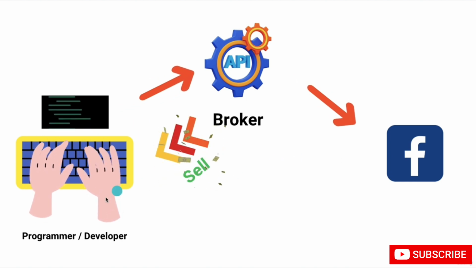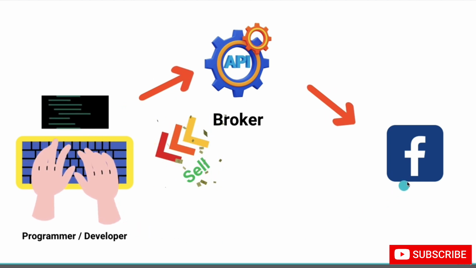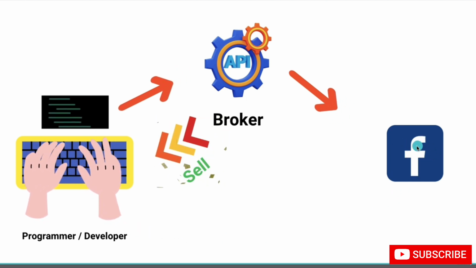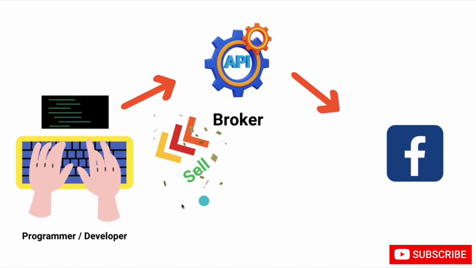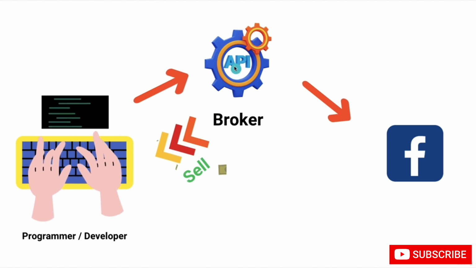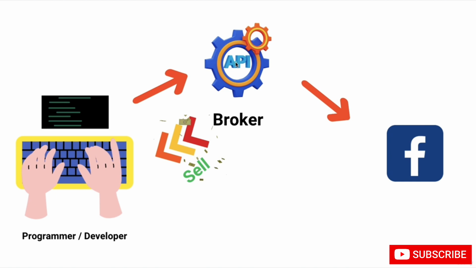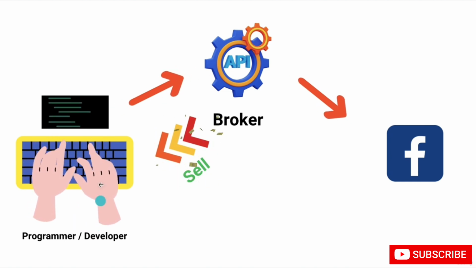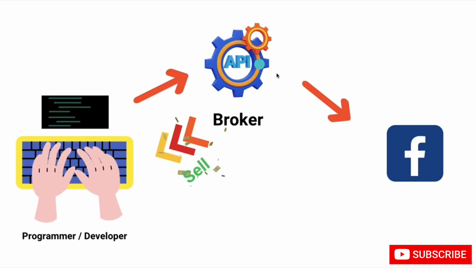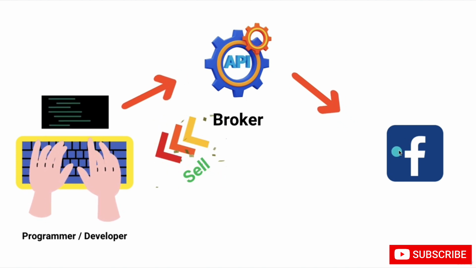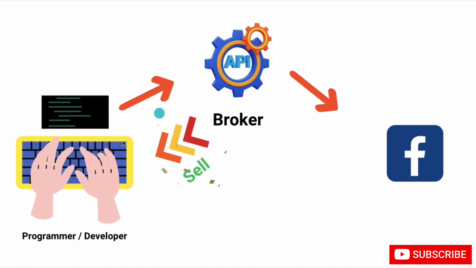These programmers or developers cannot access Facebook, Instagram, Twitter, and other social media platforms directly. They have to use the concept of API. So this programmer or developer has to use API. With this API they can access Facebook and other social media platforms for their project.